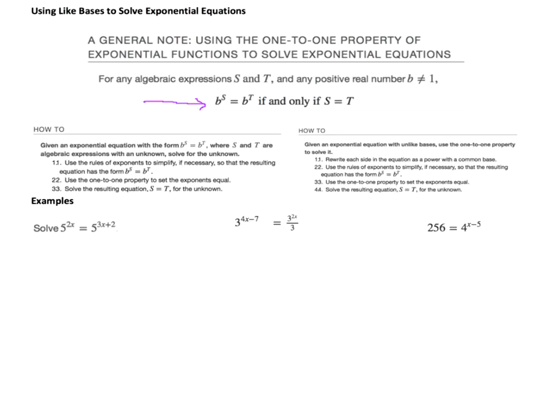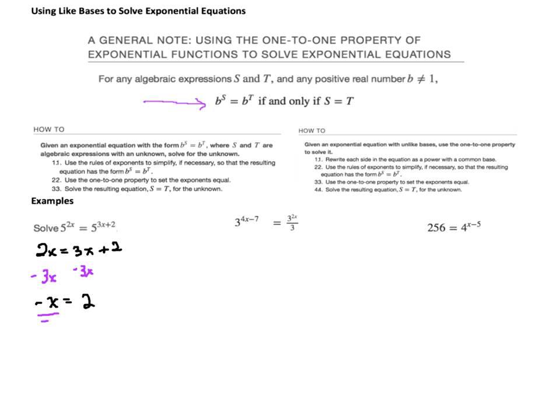Okay, so I start out with 5 raised to the 2x power, and that's equaling 5 raised to the 3x plus 2. Since my 5s are like bases, I can then say, well, if it's true that these 2 things are equal, then I know 2x has to equal 3x plus 2. And then I'm going to subtract 3x from both sides. And that leaves me with negative x equals positive 2.